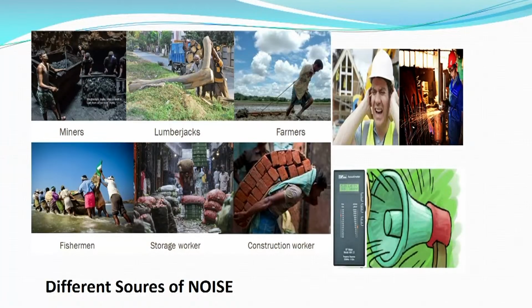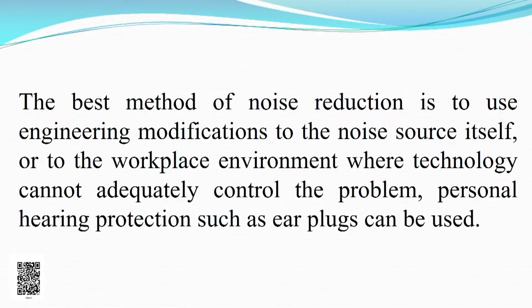To prevent adverse outcomes of noise exposure, noise levels should be reduced to an acceptable level. The best method of noise reduction is to use engineering modifications to the noise source itself or to the workplace environment where technology cannot adequately control the problem.